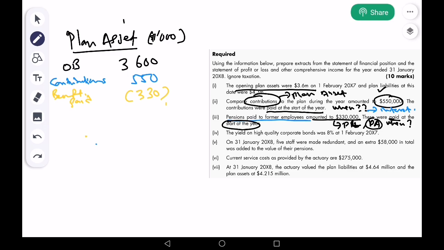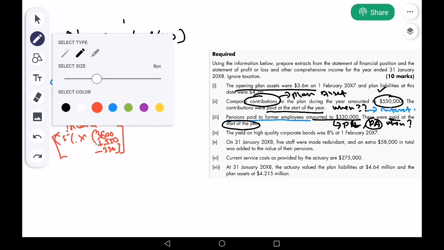Why it's very important to know when they paid, because this will impact your interest, class. Interest income 5% times 3600 plus 550 minus 330. Why do you have to do all this, class?